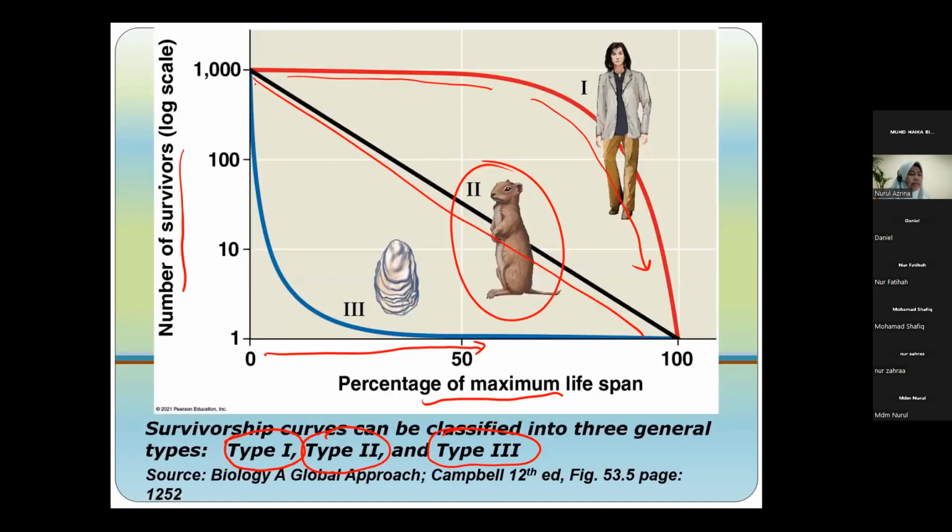You can see the curve is like this. Meaning to say, you can see that the number of survivor for early age is very, very low. Kan? Umur-umur awal ni number of survivor dia sangat-sangat rendah. Okay, so that is what we call, it is known as early loss curve.